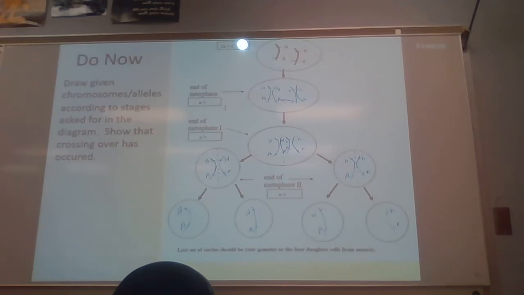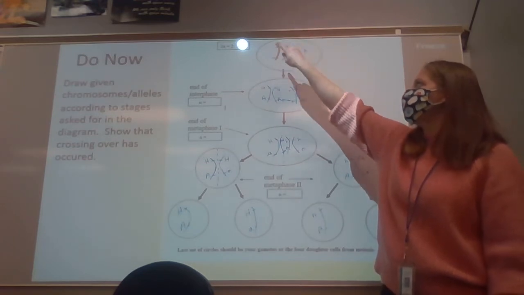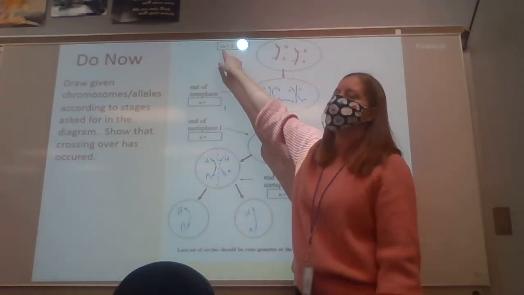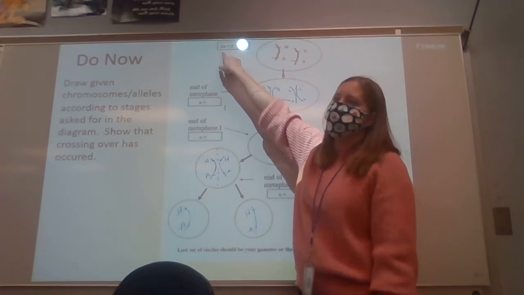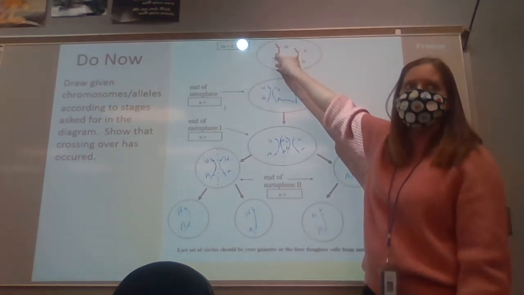One of the other things you have to be able to fill in is this notation box. So in this case, we're starting with a cell that's 2n equals 2. The 2n means that we have two copies of each, that it's diploid. So we have two homologous chromosomes here.